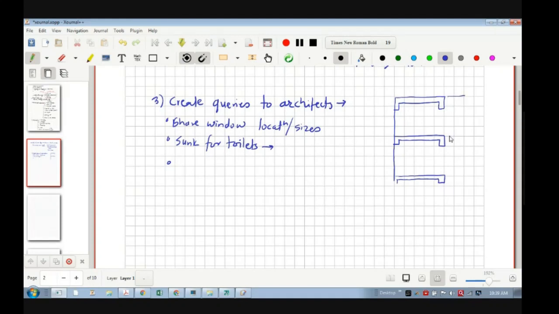Floor to floor height we have already discussed, which is 3.6. This is G+3, this is the second floor, this is the first, and then ground.